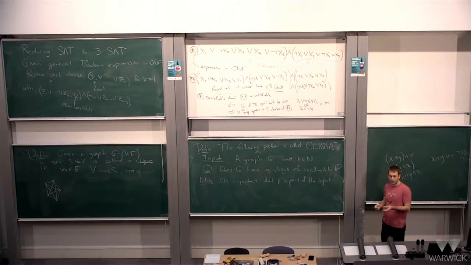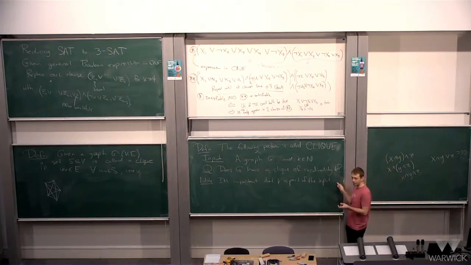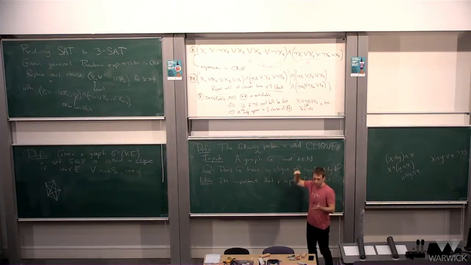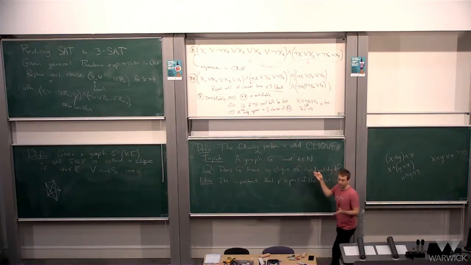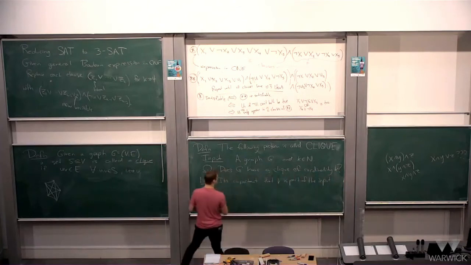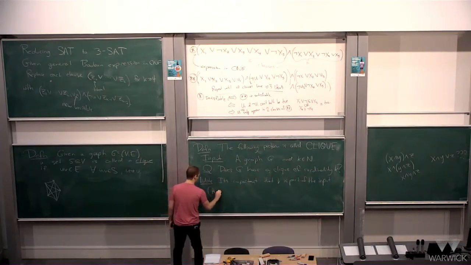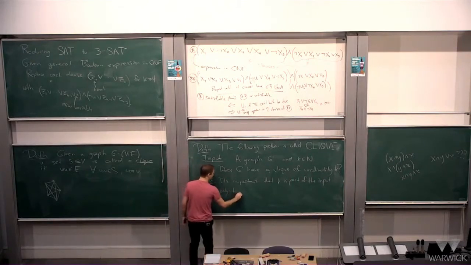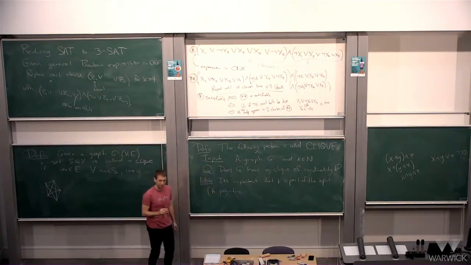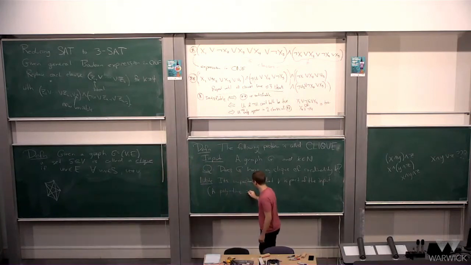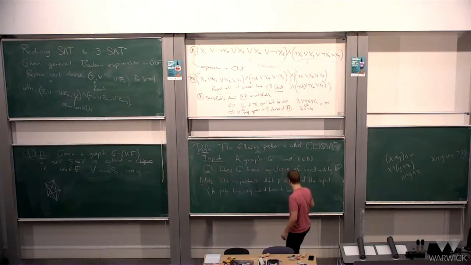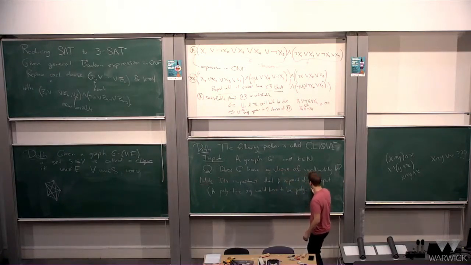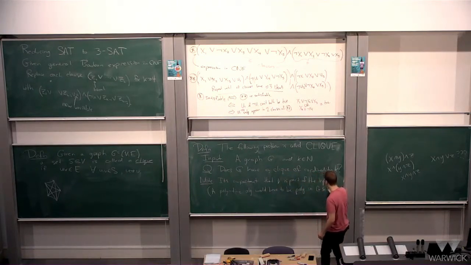Because if you wanted to have a polynomial time algorithm for this, it would have to be polynomial not just in the graph G, but also polynomial in k. And that's what makes this difficult. As we're going to see in a second, it's very unlikely that you have a polynomial time algorithm, but it would have to be polynomial in G and in k.